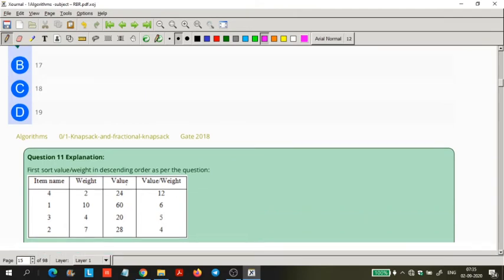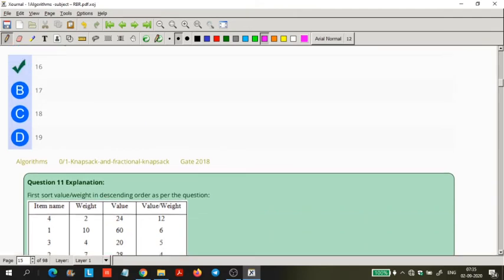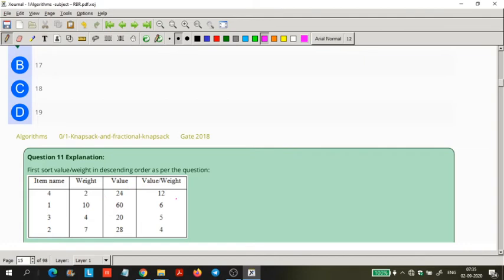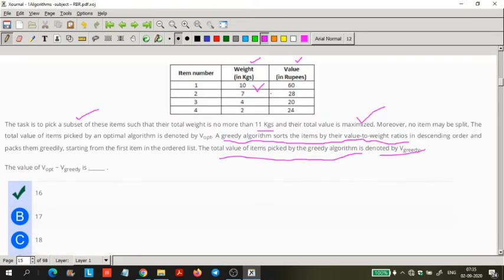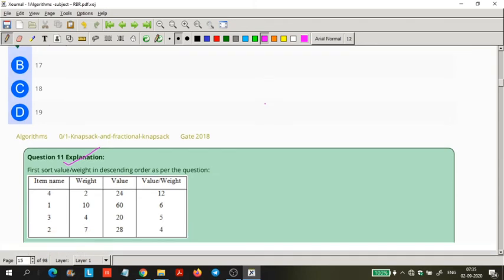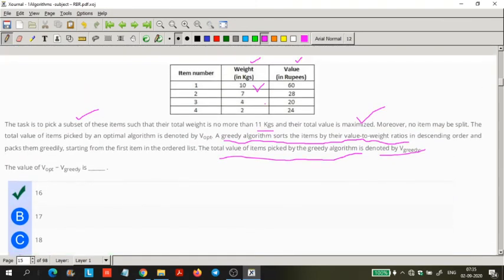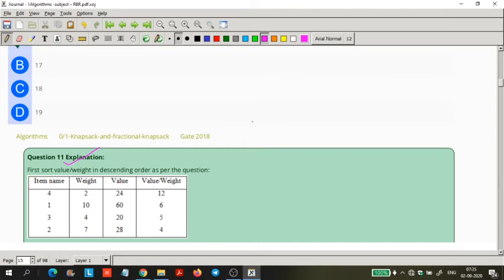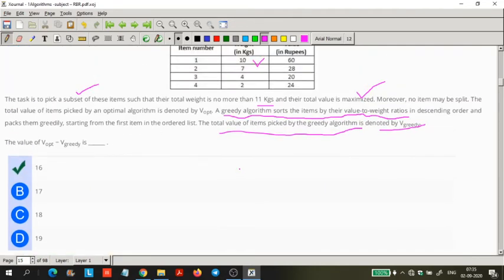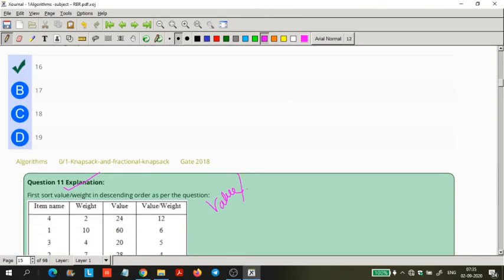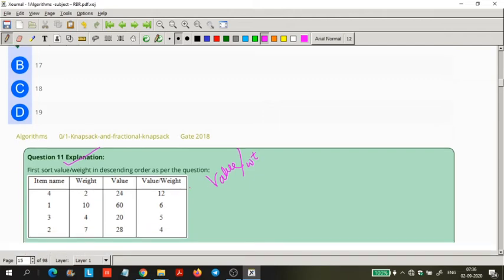So here we first sort by value by weight in descending order.